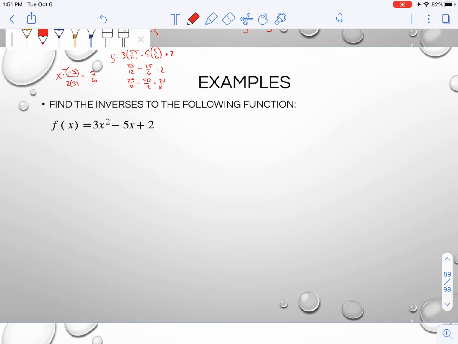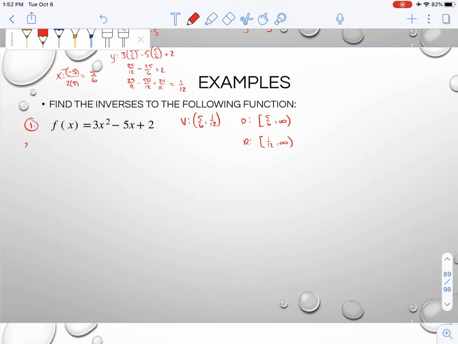If I add the positives, I'm going to have 49/12 minus 50/12, or I'm going to have 1/12 as my y coordinate. So my vertex is going to be 5/6 and 1/12. My domain is going to have to be restricted to the right of the 5/6, so it's going to go from 5/6 through infinity. My range, this is going to open upward, it's going to go from 1/12 through positive infinity.